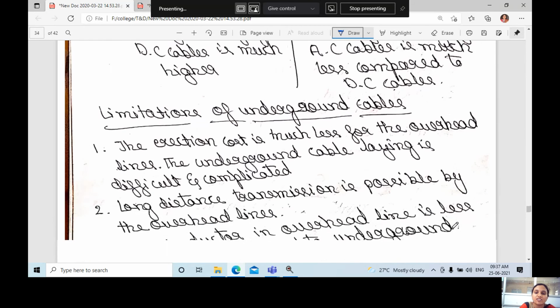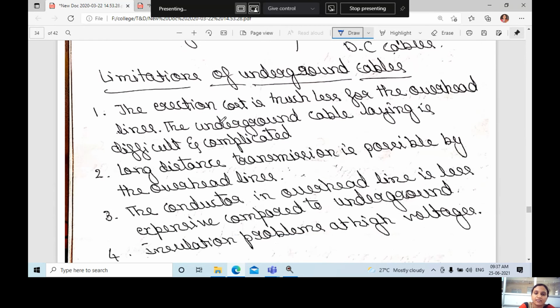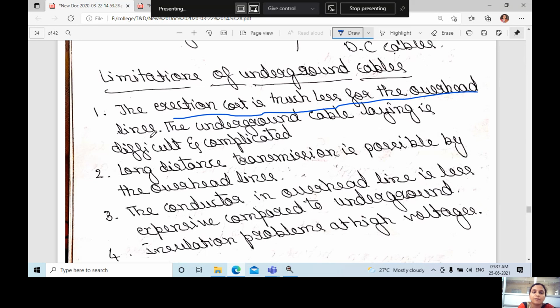And what about the limitations of underground cables? The erection cost is much less for overhead lines, but underground cable laying is difficult and complicated.